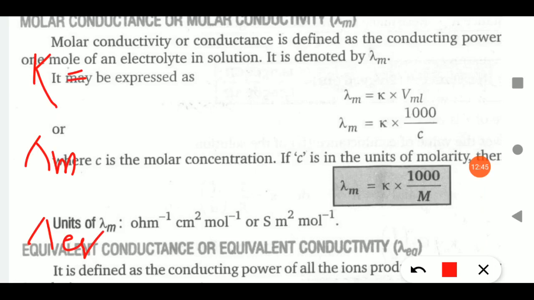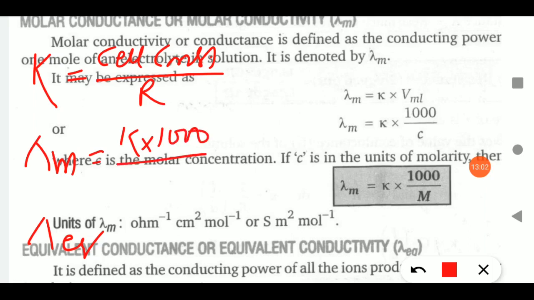The unit of kappa is ohm inverse centimeter inverse or Siemens centimeter inverse. How will you calculate kappa? I told you that too: cell constant upon resistance. You will calculate this one. And lambda m is kappa into 1000 upon molarity, and lambda eq is kappa into 1000 upon normality.